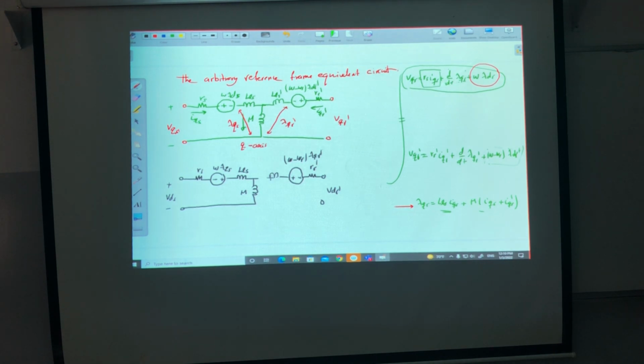Then I'm having the self-inductance, which is L_R'. So now this will be the I_DS and this will be the I_DR. Yeah? Now, question, 1 point. This supply is supporting V_QS or resisting V_QS?